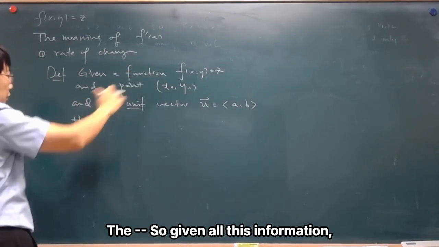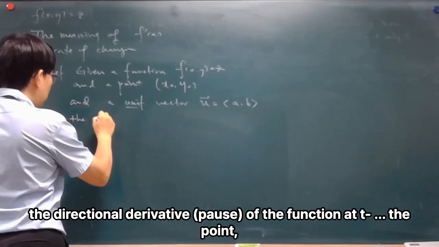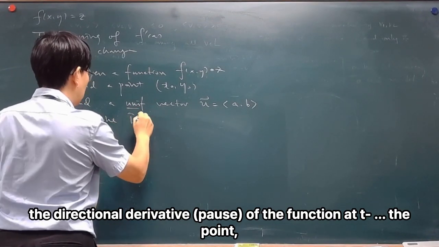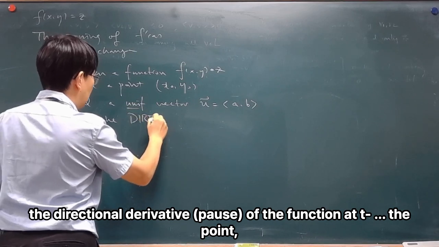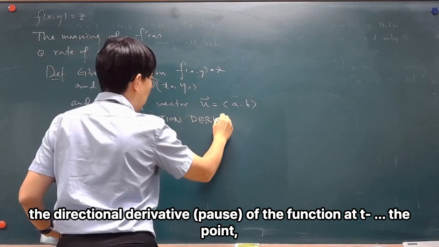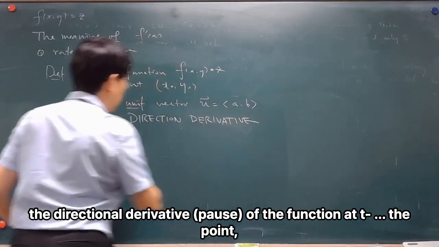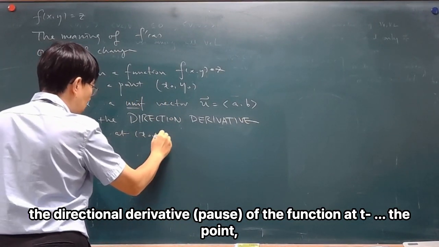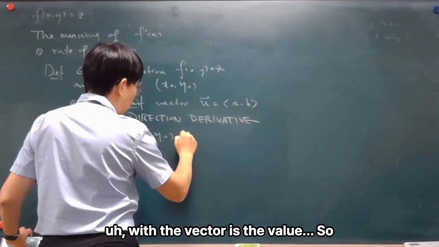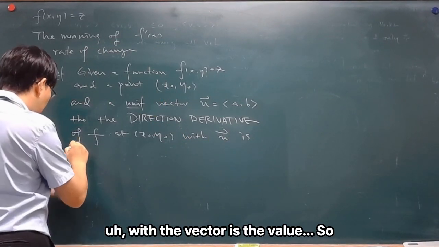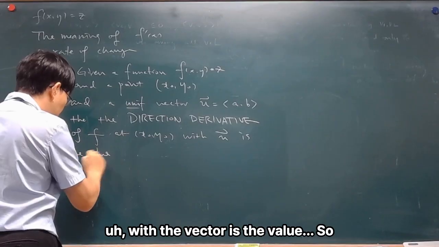So given all this information, the directional derivative of the function at the point with the vector is the value. So that's the important part.